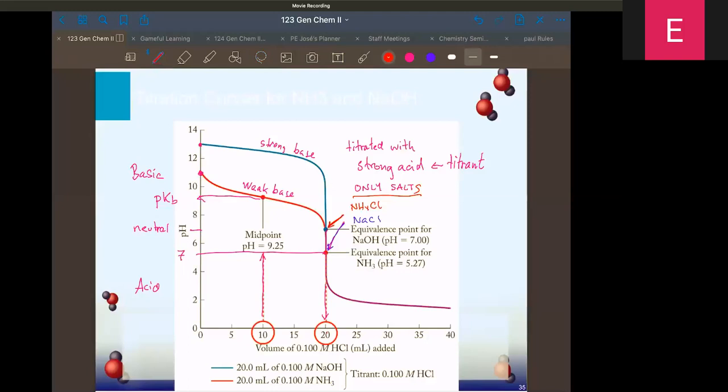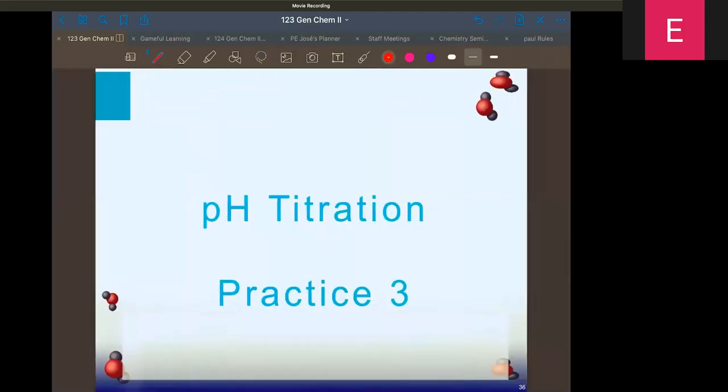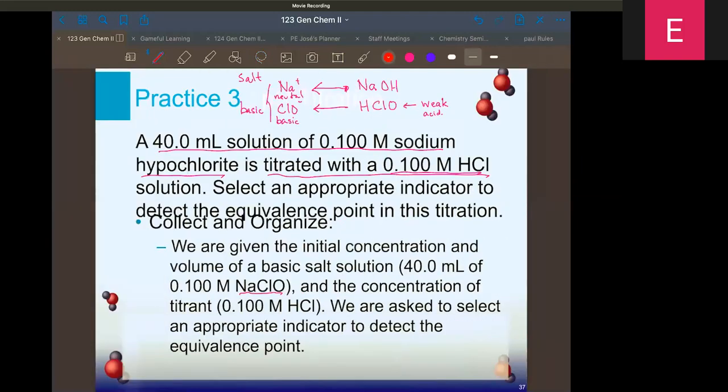So if that is the case, then we should be able to figure out what the pH of the salt is based on the Ka. Have they given us the Ka? No. We're given the initial concentration and volume of basic salt solution and the concentration of HCl.